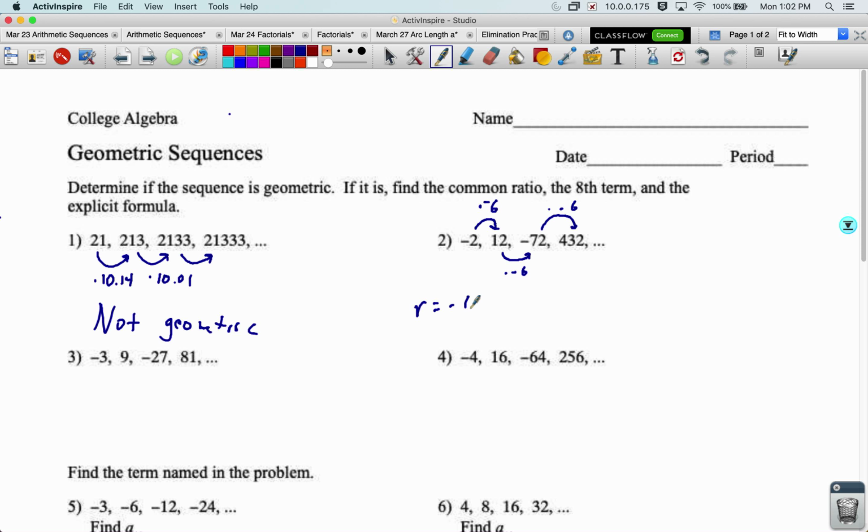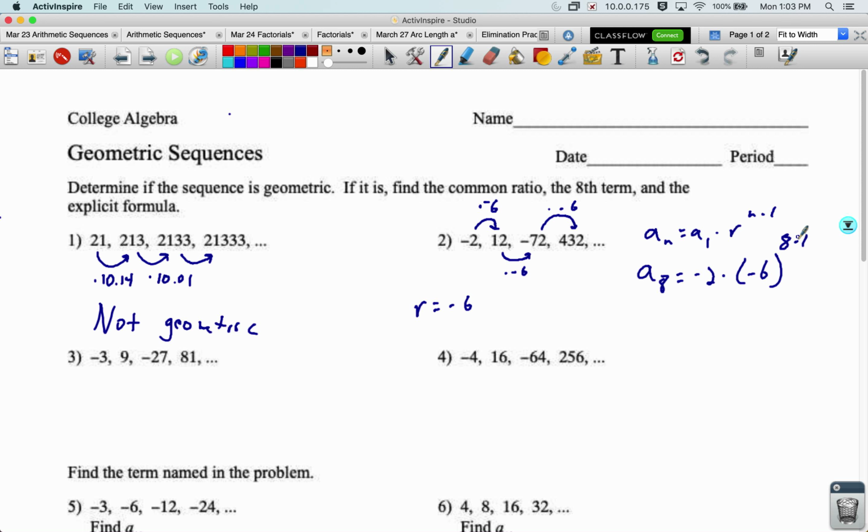equals negative 6. And for the eighth term, we want to use the formula that a sub n equals a sub 1 times r to the n minus 1. So if I want to find the eighth term, I'll take the first term and multiply it by our common ratio, negative 6, raised to the power of 8 minus 1.